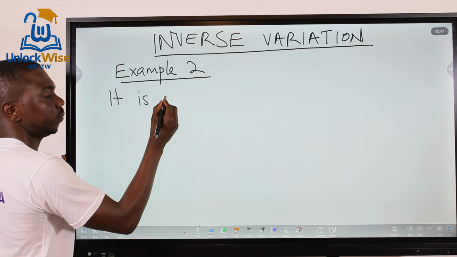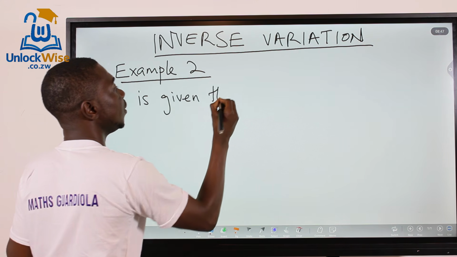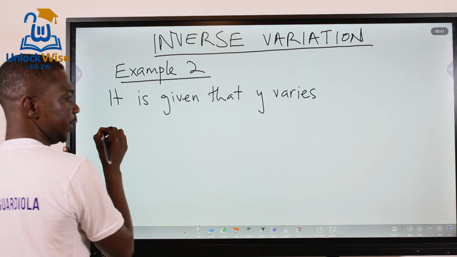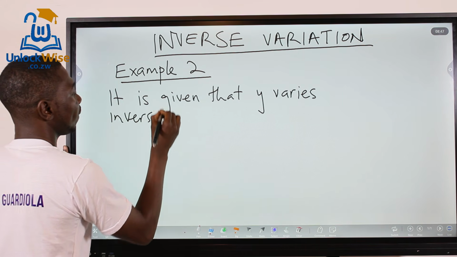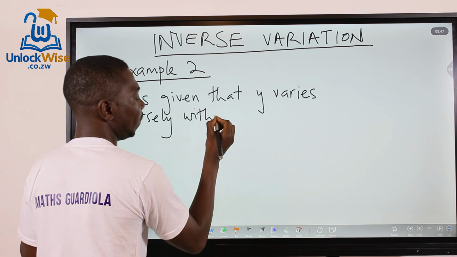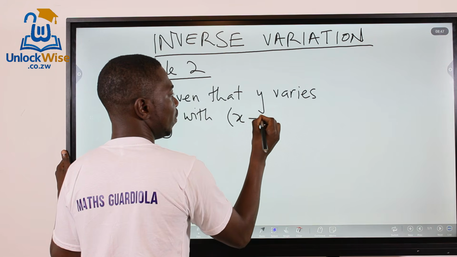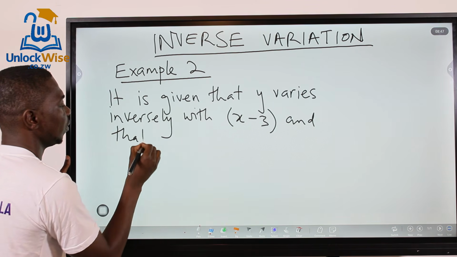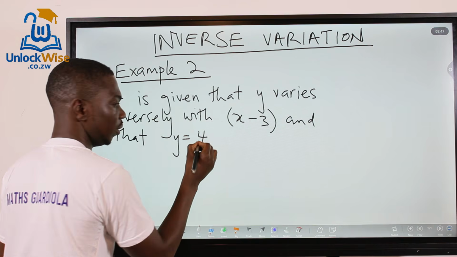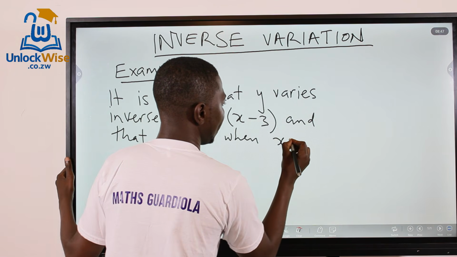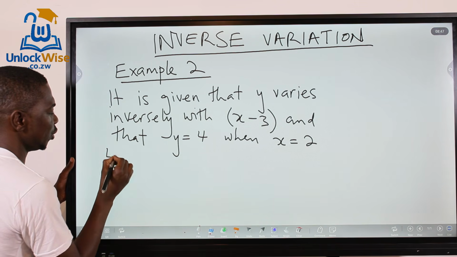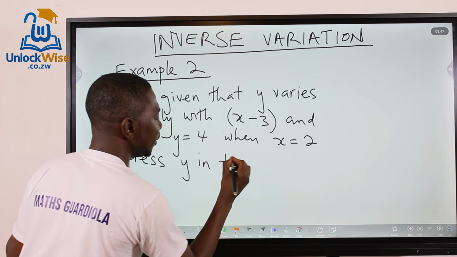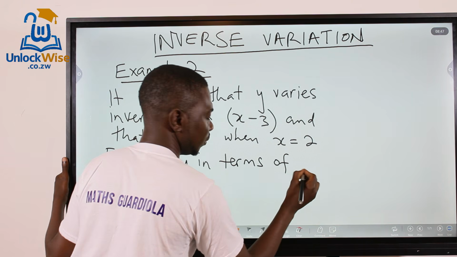It is given that y varies inversely with x minus 3, and that y is equal to 4 when x is equal to 2. Express y in terms of x.